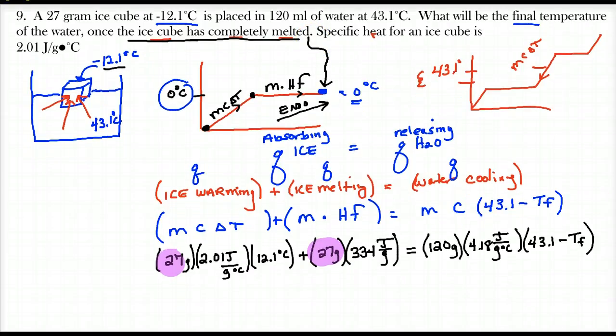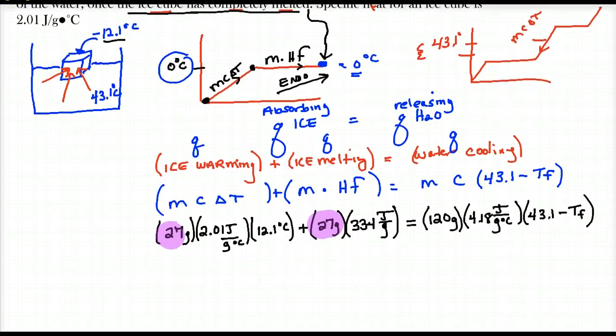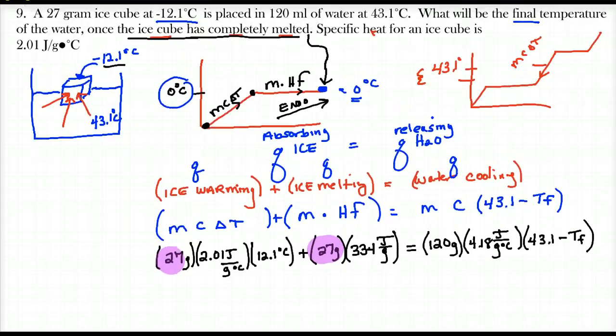But if you think with me for a second, if I said, what's the final temperature at the coldest possible final temperature, doesn't it make sense that this 0 degrees Celsius water, and it would be 27 grams of it, isn't it going to take energy away from the warmer water on top of it?